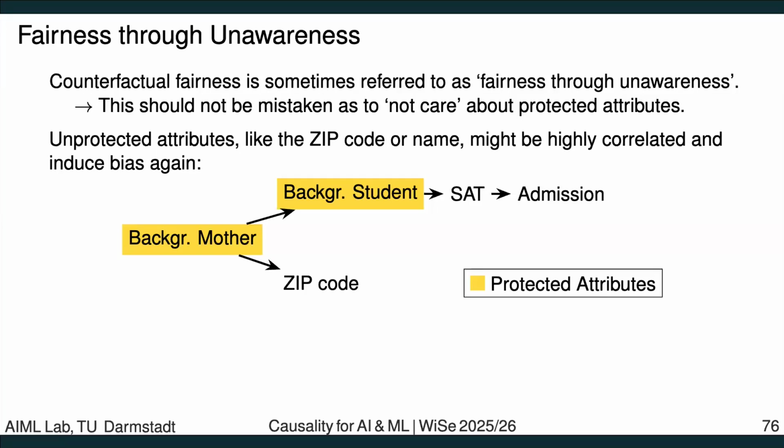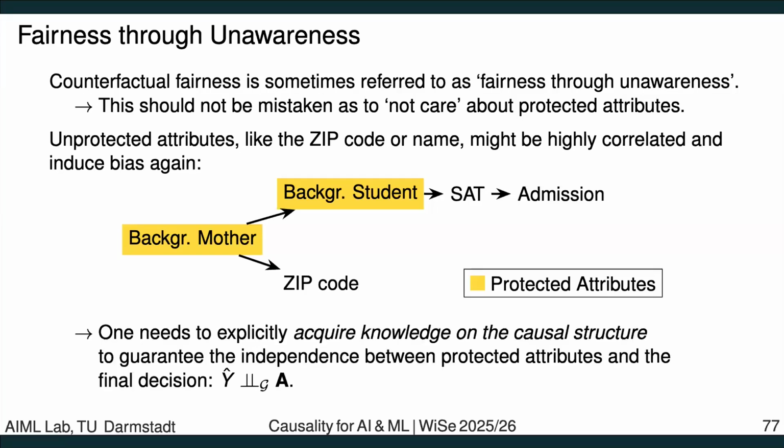It blocks all the other paths. It's explicitly acquiring knowledge about these protected attributes so that in our final decision we have this graphical separation. And if we are training a neural network model, it needs to be much stricter, because neural networks don't know about the causal graph.